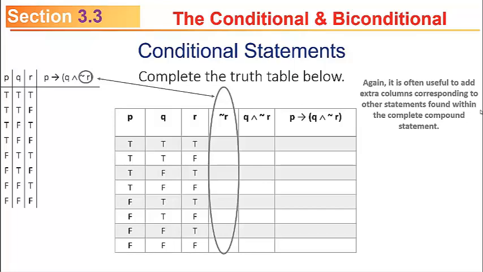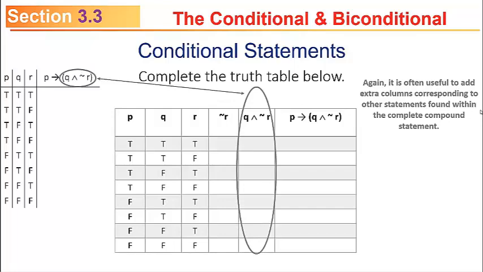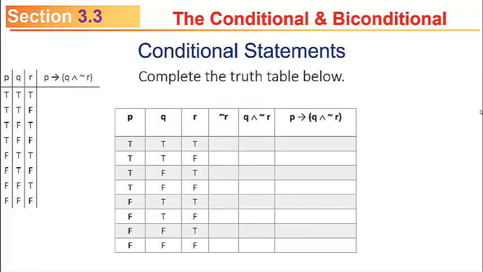There's also a Q and not R piece, so I'll make a column for that. And then of course you want a column for the final statement as a whole. So I will take that original truth table and add these columns to make it a little easier to work through the way I've been doing it.